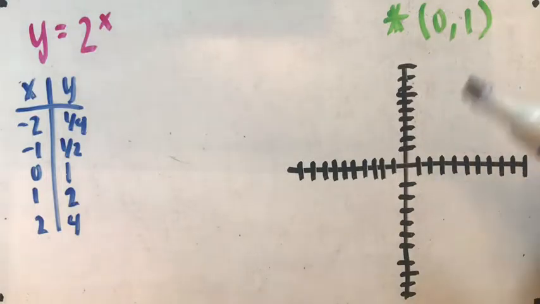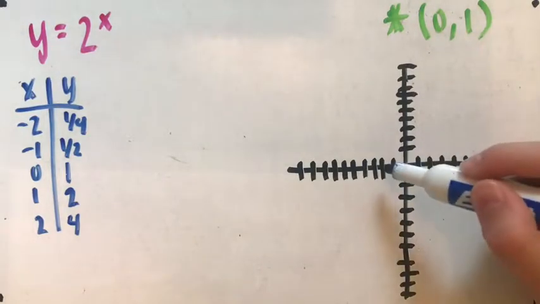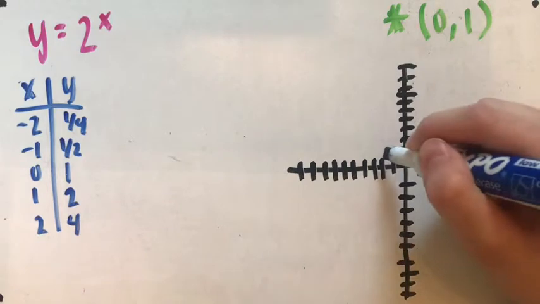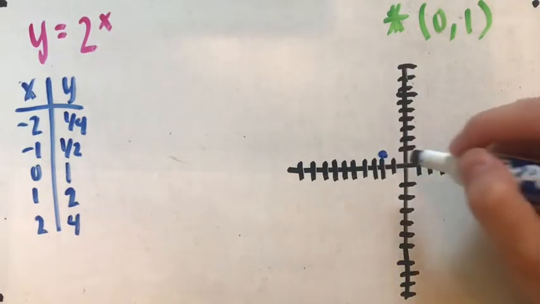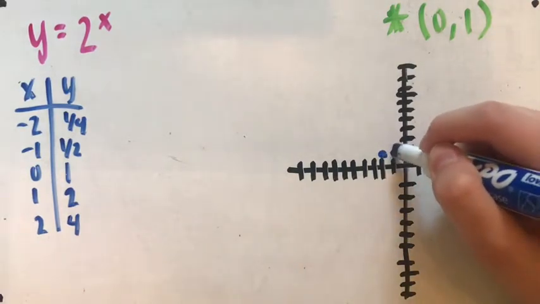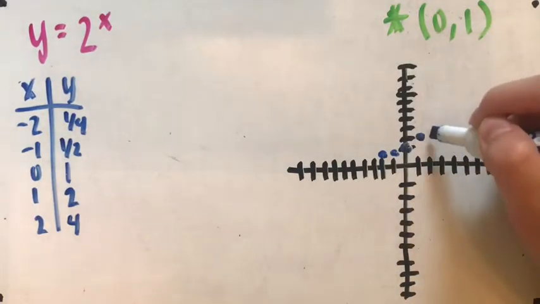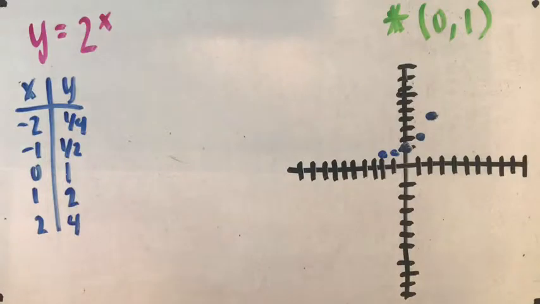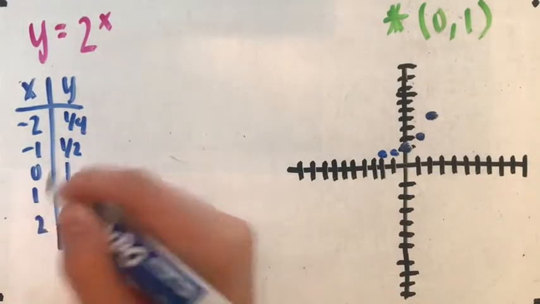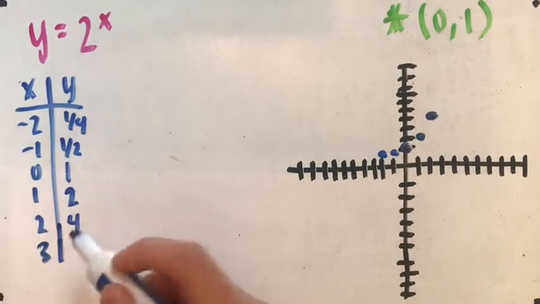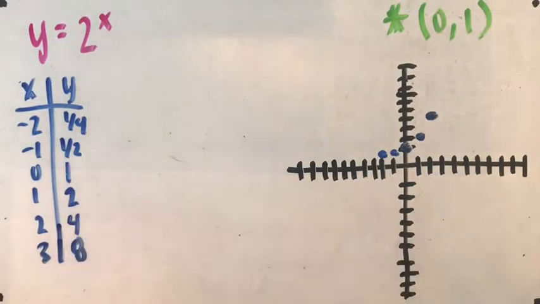So we start at -2 and 1/4, and then -1 and 1/2, and then it looks like we can fit maybe a few more points, so you can just check. So you can add another one and multiply by 2, and we can.